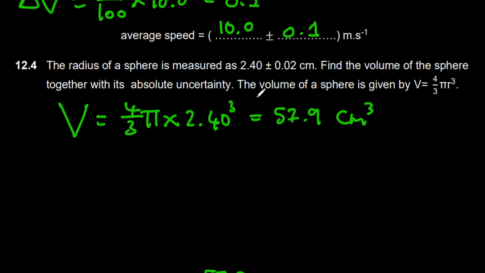And the answer to that question is that the way we combine uncertainties when we're raising to a power is to multiply the percentage uncertainty by the power. So before we can find the absolute uncertainty in V, we'll first find the percentage uncertainty.